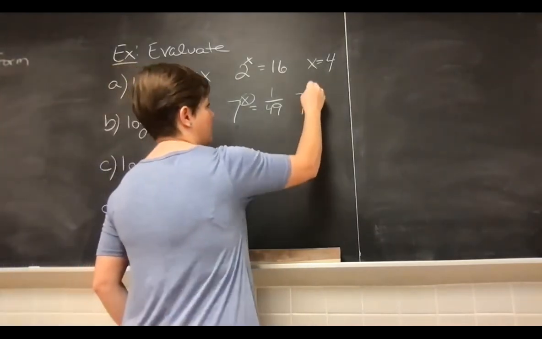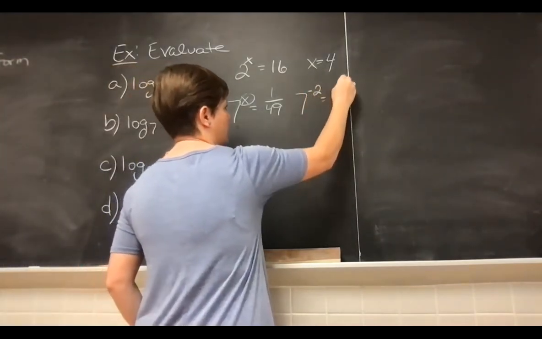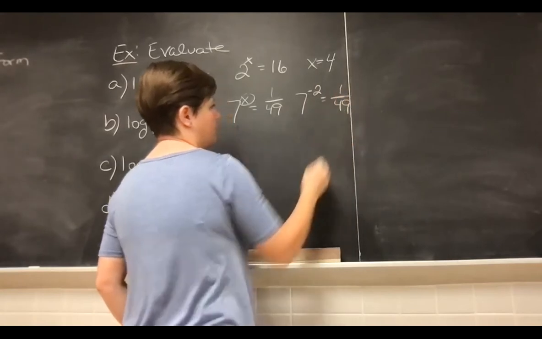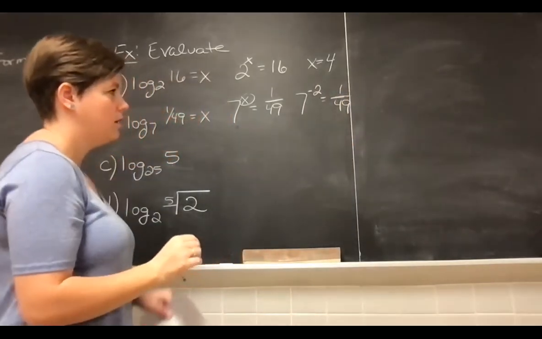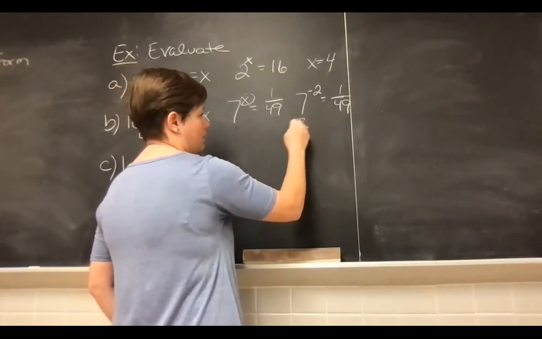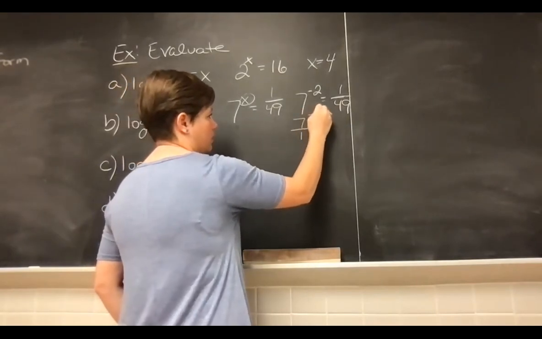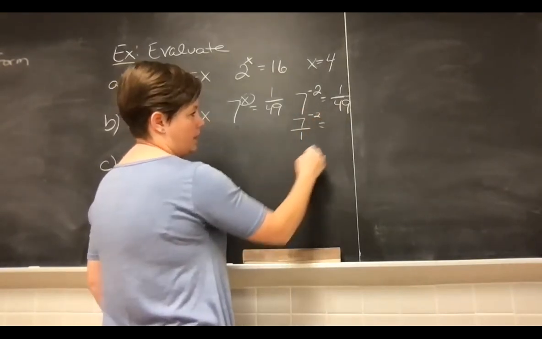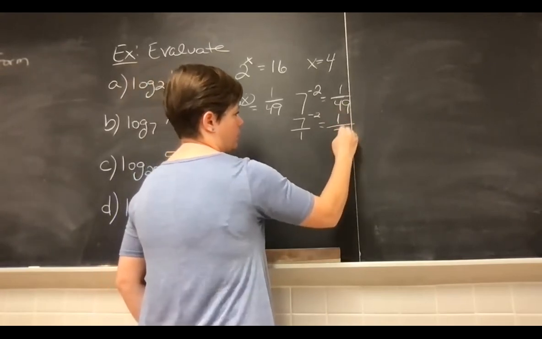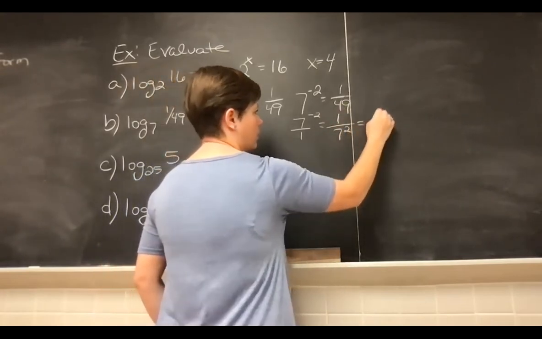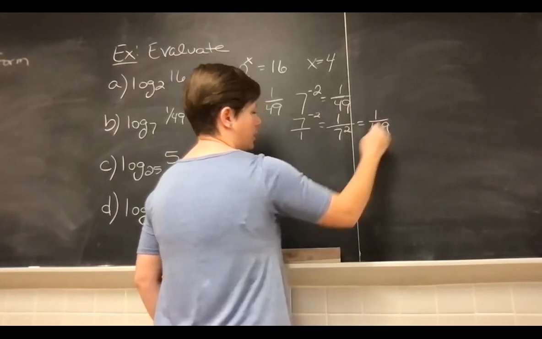So I need 7 to the negative 2 equals 1 over 49, because that takes 7 over 1 to the negative 2, and then that would flip it to where it's 1 over 7 squared, which is 1 over 49.